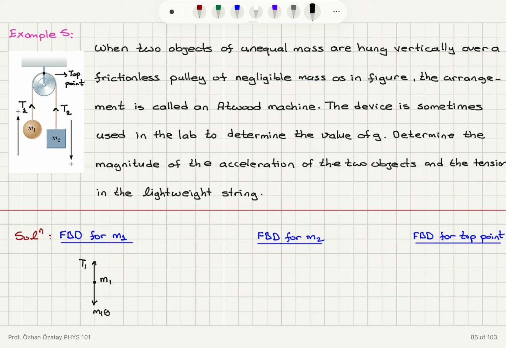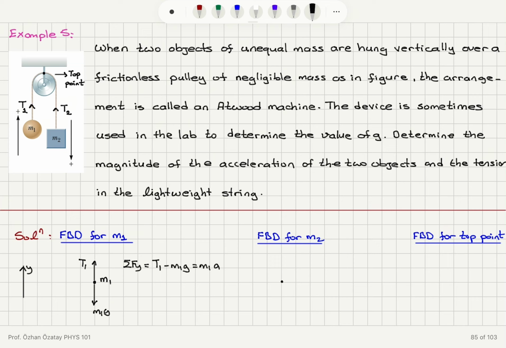And this is the y-axis. So we can say that the net force on the y-axis must be equal to T1 minus M1g, which is M1a.